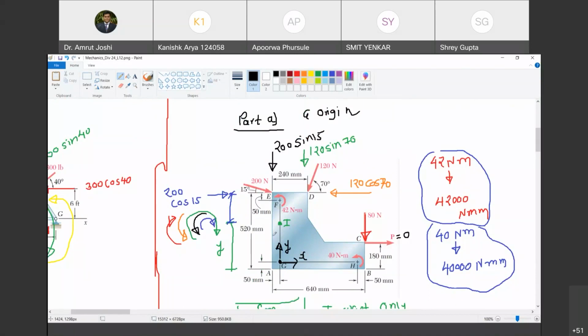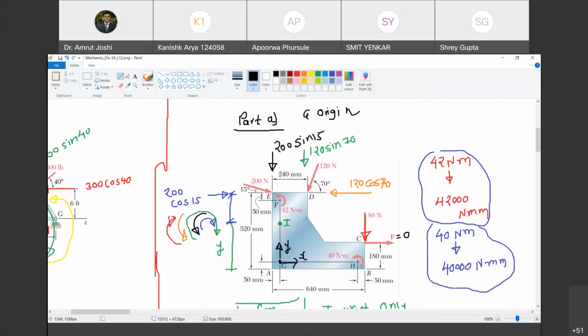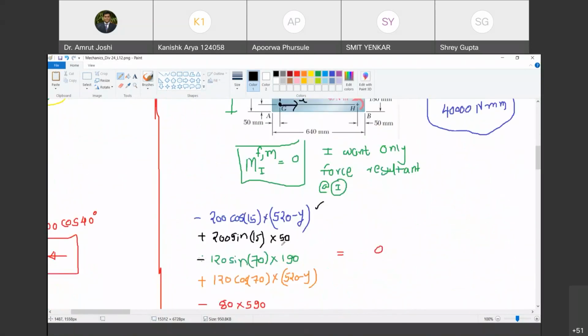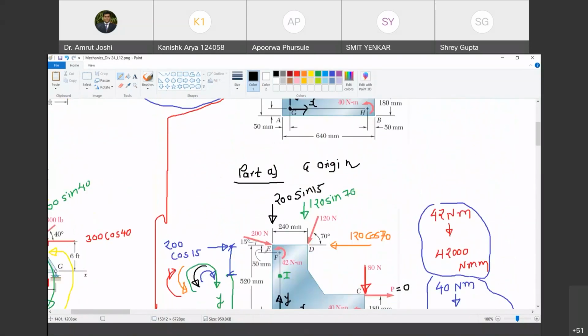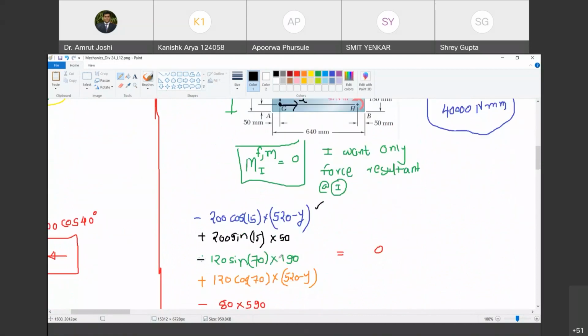Now what about this? That is anti-clockwise. 200 sine 15 multiplied by 50, that is correct, minus 120 sine 70 minus component, that is correct, that is 240 minus 50, that is 190, that is correct.